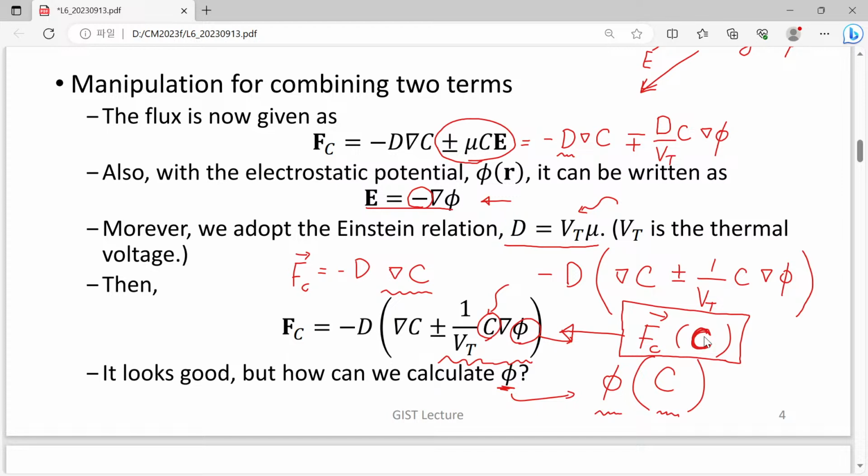In this semester I'm doing two lectures, so sometimes my terminologies are mixed up.